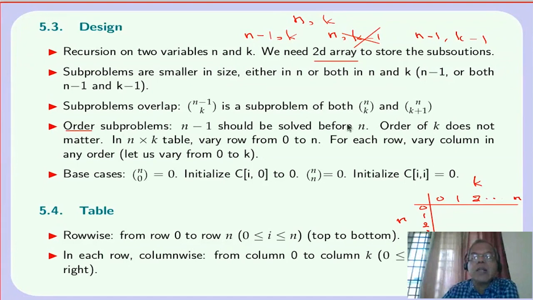That imposes an order. K does not impose an order. Therefore, rows with smaller values of n should be computed before larger values of n. So we have to calculate n is equal to 0 first.